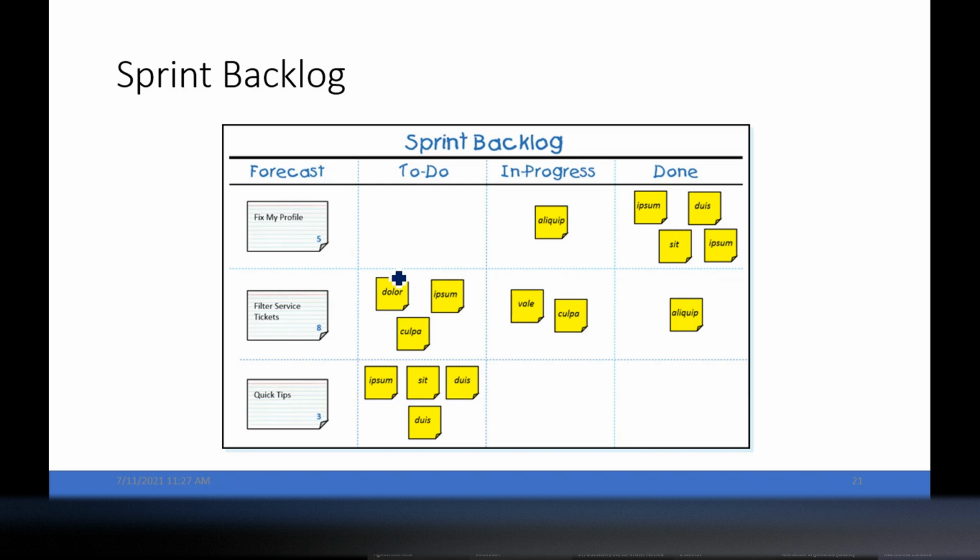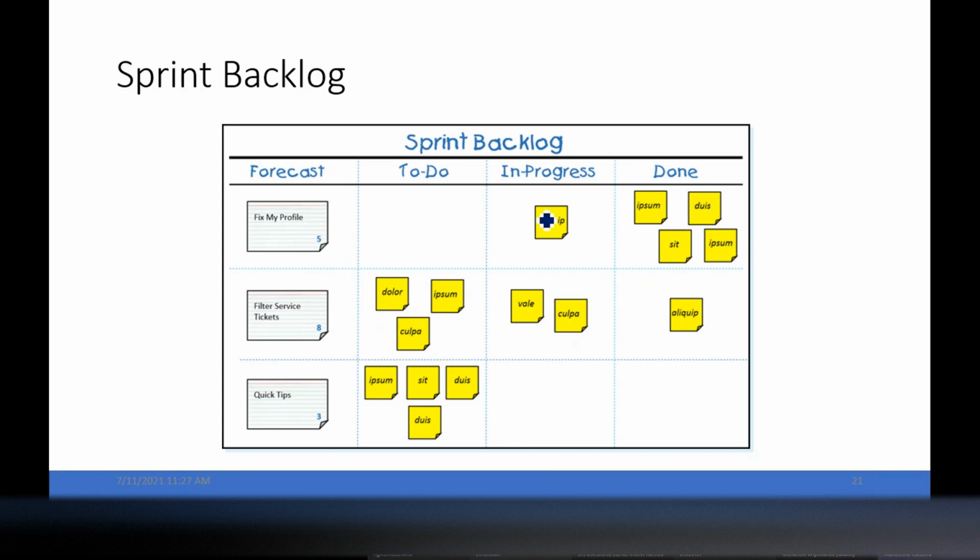These are the tasks that we have to do. For this task we want 3 days. These tasks are what we are planning to do. This is the sprint backlog, and these are the tasks that are in progress.